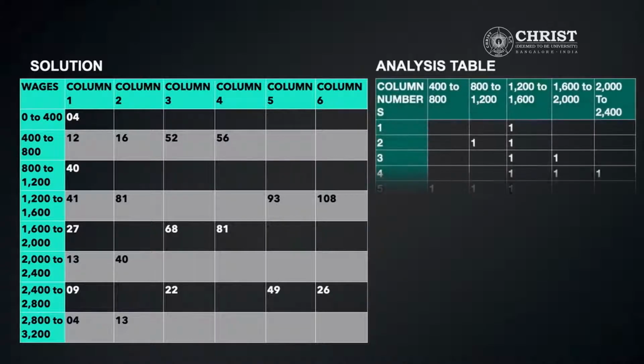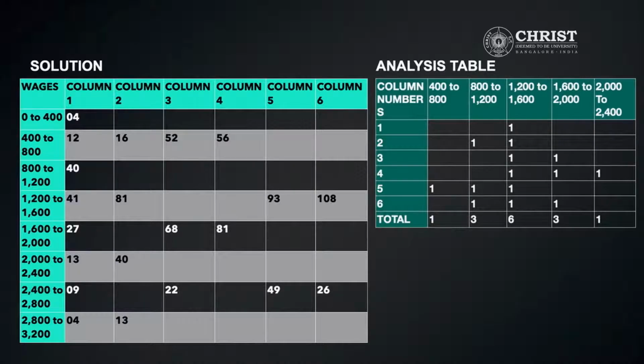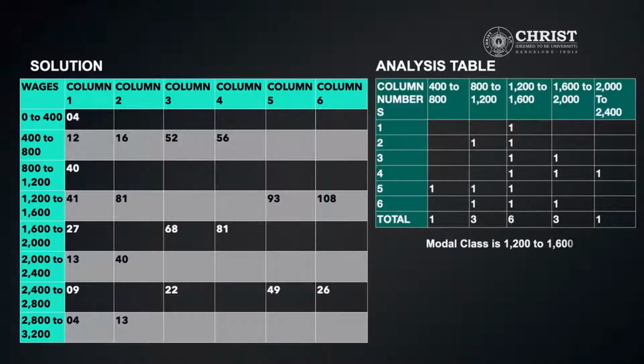Then when you come to the analysis table, we will write the highest frequency in the grouping table. When you check the values, you see that 1200 to 1600, only one class, got the highest frequency. That means this is a unimodal class. So now you can calculate mode using the direct equation. The modal class is 1200 to 1600.